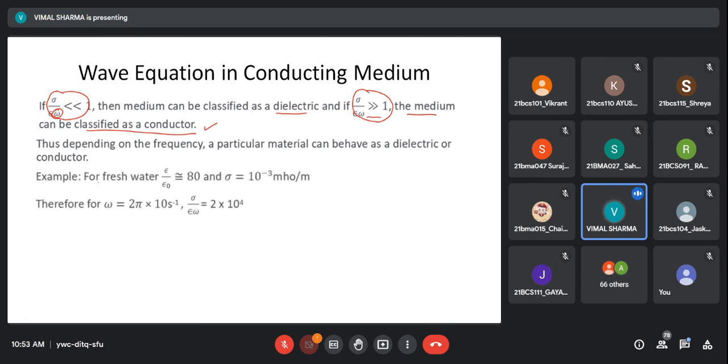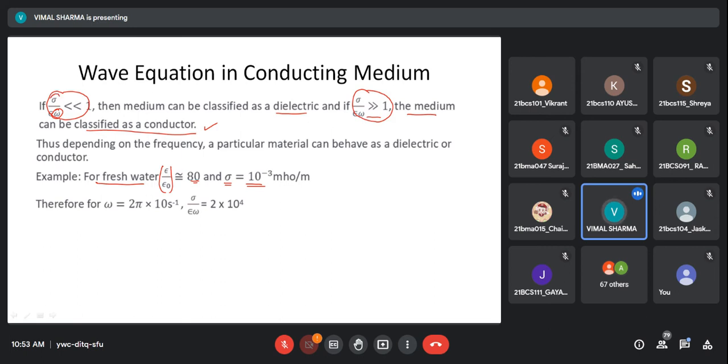So we can take a very good example. This is for fresh water. We know the dielectric constant, which is epsilon divided by epsilon naught, is 80, and conductivity is 10 raised to the power minus 3 mho per meter.